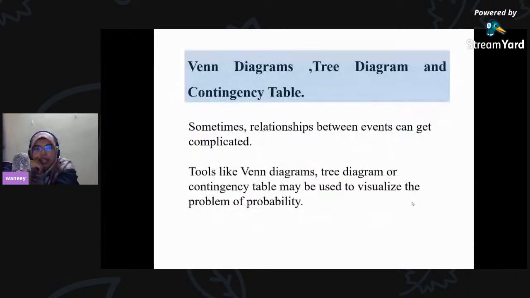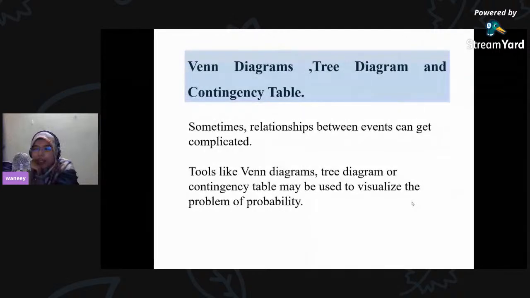Right, so Venn diagram, tree diagram, and contingency table. Sometimes relationships between events can get complicated. So tools like a Venn diagram, tree diagram, or contingency table may be used to visualize the problem of probability.